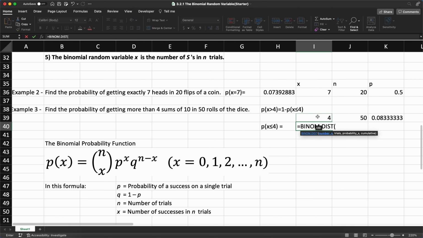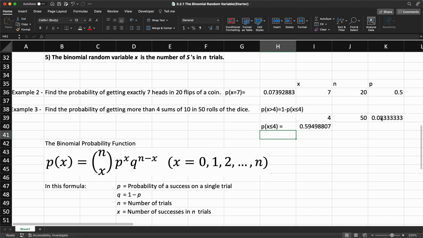So this is going to be x, number of trials, probability of success, and then true. I want this to be cumulative. I want it to include x equals 0, x equals 1, x equals 2, x equals 3, and x equals 4. When I do that, I get 0.5945.